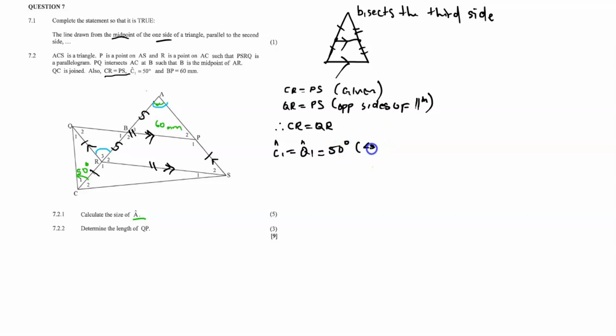Since they are angles opposite equal sides. Then from there we can now say angle R3 is equals to angle Q1 plus angle C1, which is 100, that is 50 plus 50, and the reason for this statement is the exterior angle of a triangle is equals to the sum of the opposite interior angles.